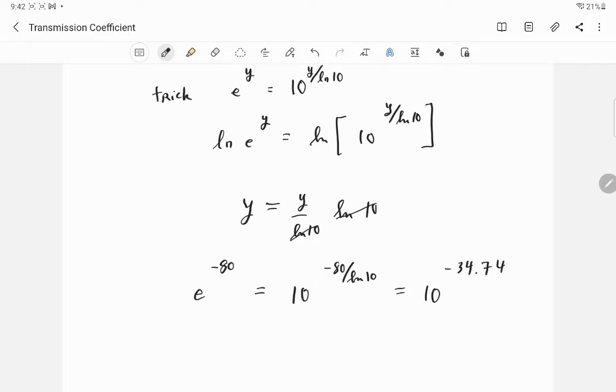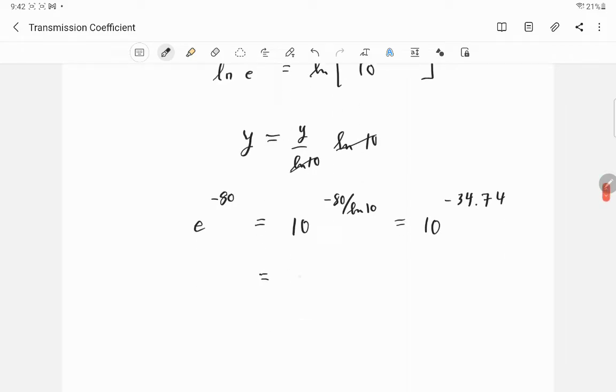So here is a little bit extra clever trick, right? This is 10 to the minus 34 times 10 to the negative 0.74. And the reason why this is interesting is because this is scientific notation.